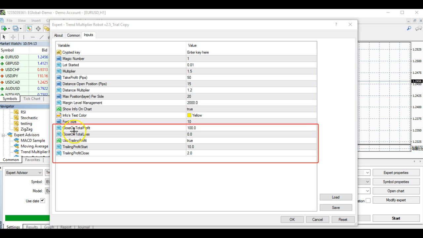So next will be the close on total profit. So how does this total profit work? Okay. Let's say our default here is 100, but you can change it to any value you want.